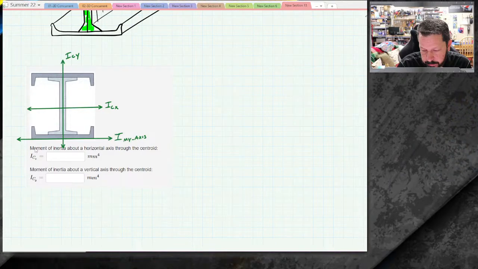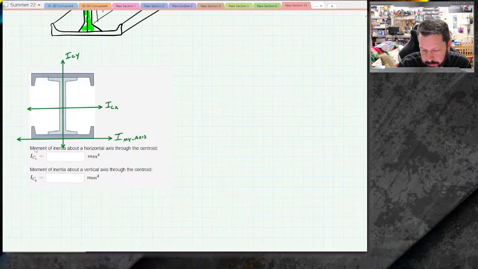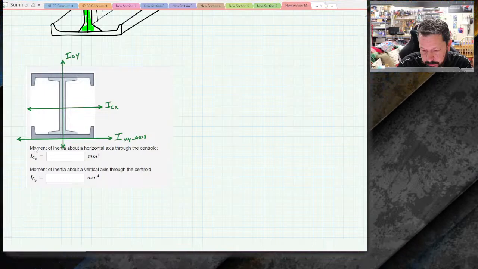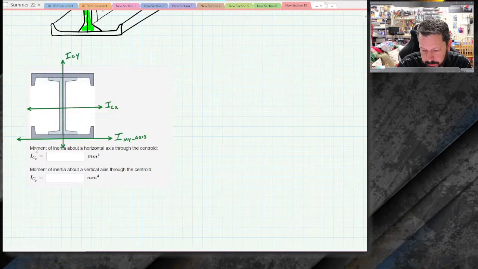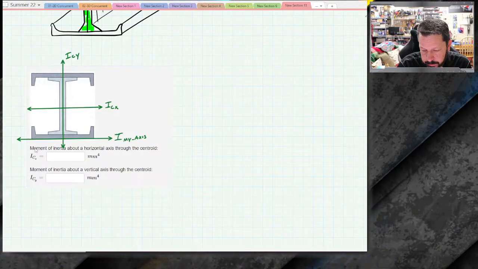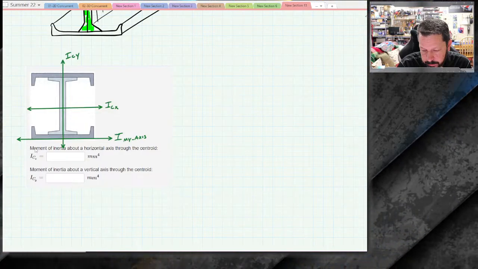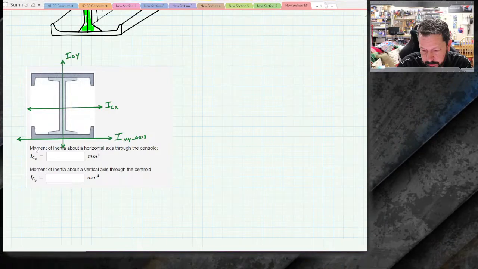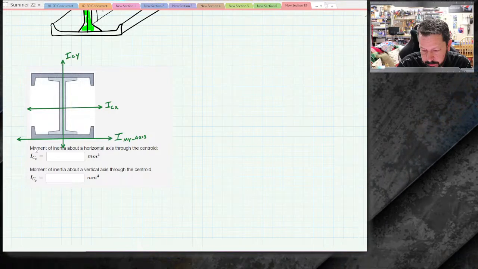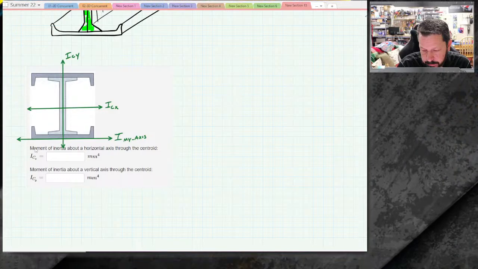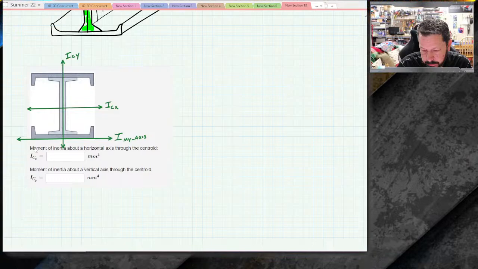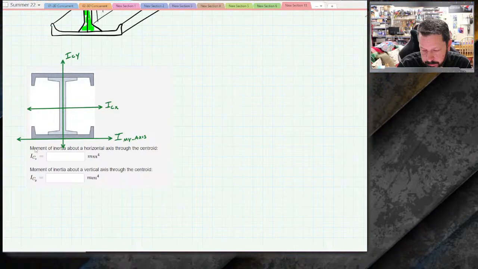I'm pretty sure there is going to be at least one problem like that, because if I don't give you a location for the neutral axis, that means you have to go find where the neutral axis is. It's much simpler just to say, here's an axis, it's 3 inches above the bottom, calculate the moment of inertia about that axis, versus having to find the location of the neutral axis and then calculate the moment of inertia.